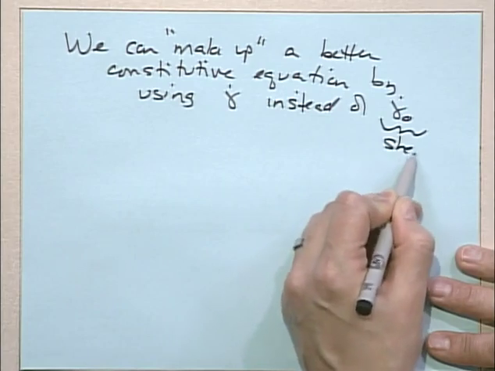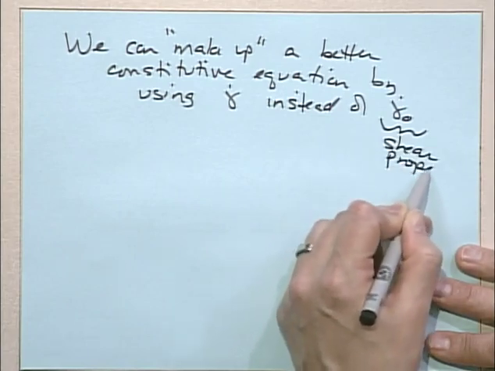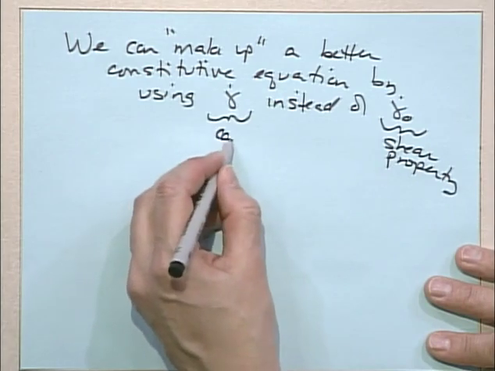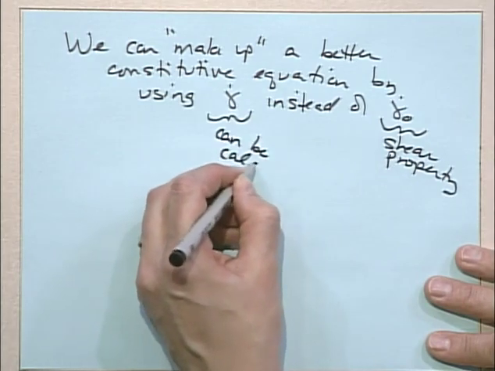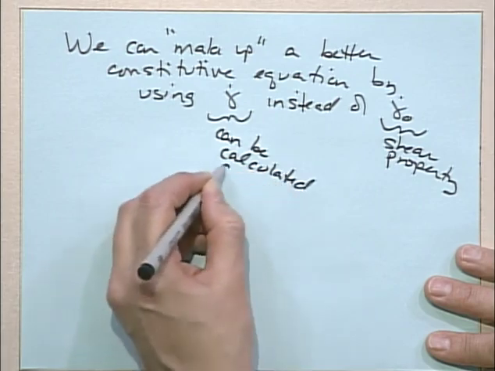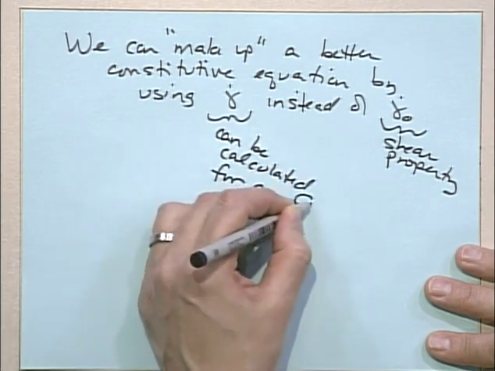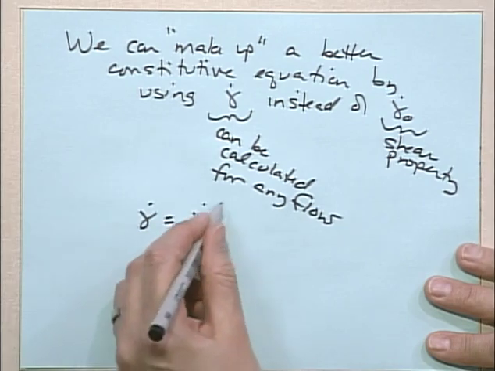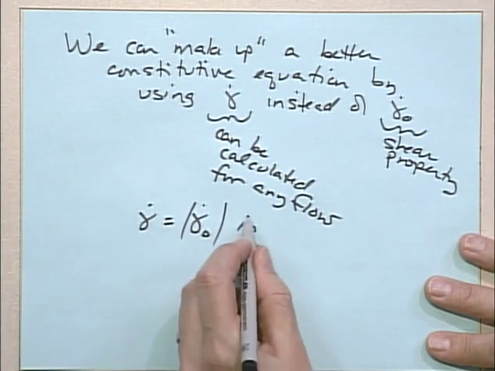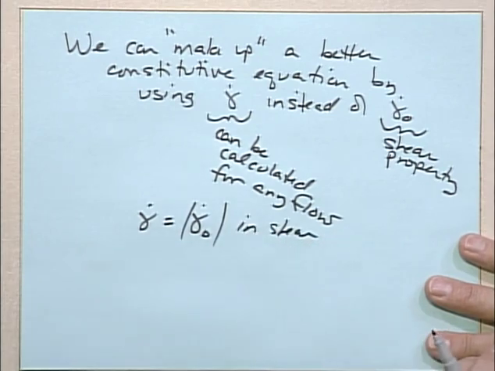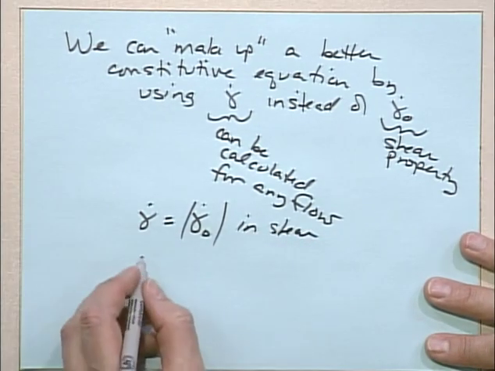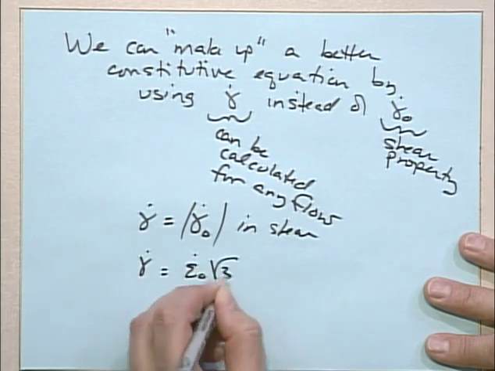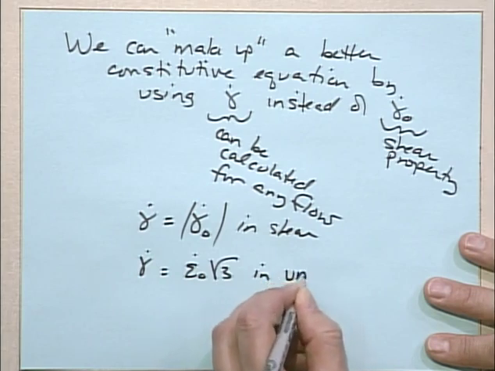This is a shear property, and this is a property that can be calculated in any flow. And gamma dot is equal to gamma dot naught in shear. So we'll be able to use it for shear thinning, and it's equal to epsilon dot naught root 3 in uniaxial elongation.